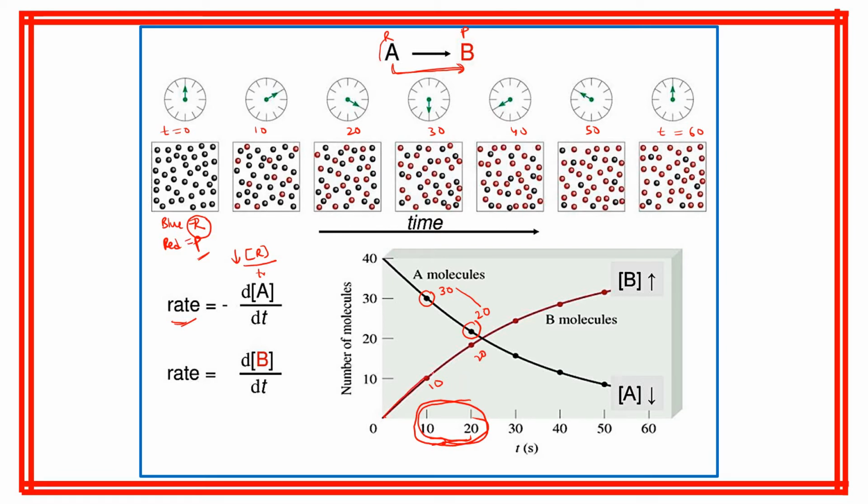The concentration of product is increasing with respect to time. In any reaction, the concentration of reactant will decrease like this and the concentration of product will increase like this. So this graph explains how it is decreasing and increasing here.